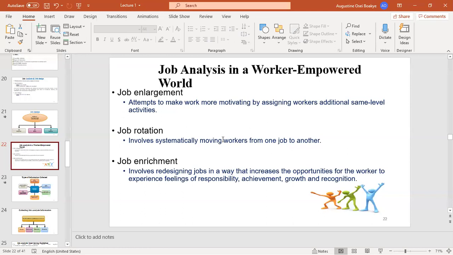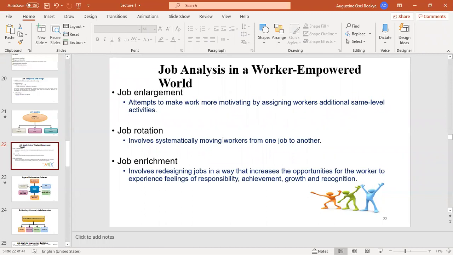So it could be that it was a task performed by a colleague employee in the organization, and we are now taking it from that employee to be added onto what you are now doing. So you are picking bits and pieces of duties and responsibilities at the horizontal level and compounding them into one job description. When you do that, then we say you are embarking on horizontal loading.